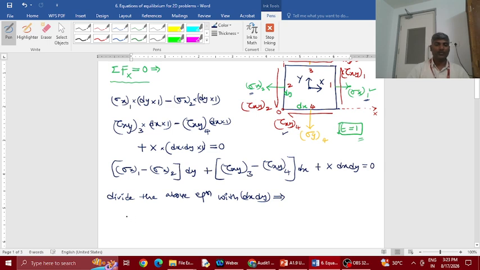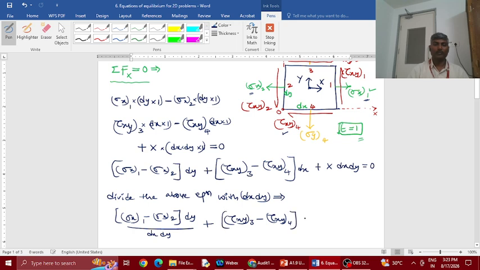What you have now is sigma x of 1 minus sigma x of 2, dy by dx dy, plus tau xy on 3 minus on 4, into dx divided by dx dy, plus X into dx dy divided by dx dy.